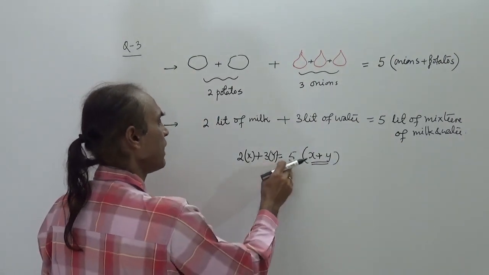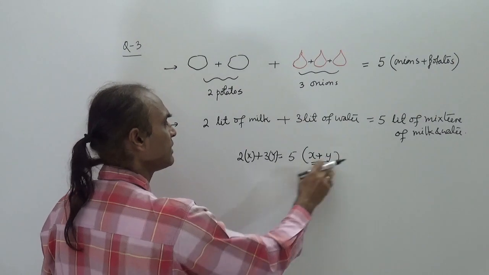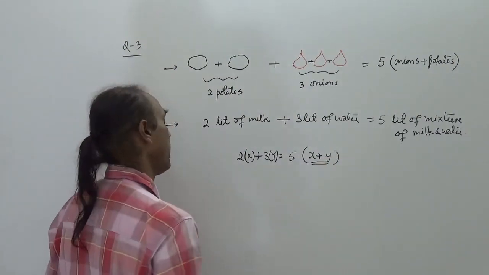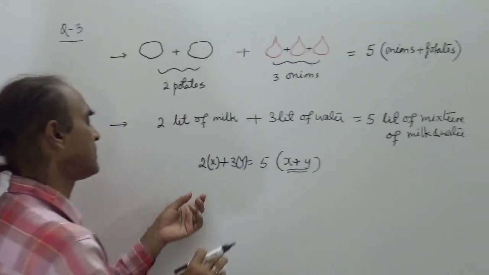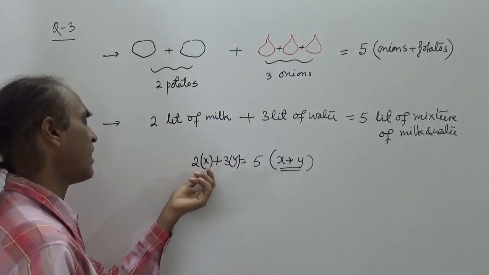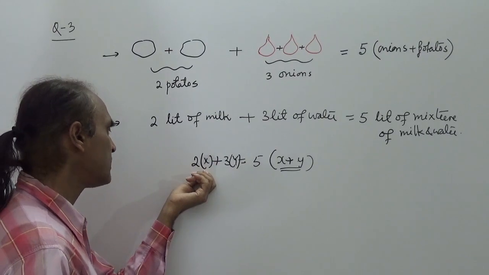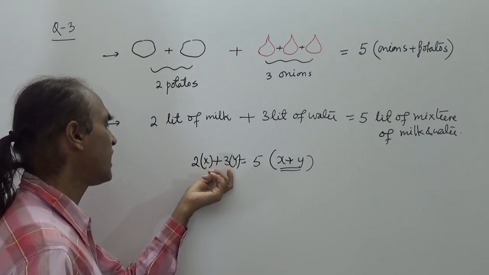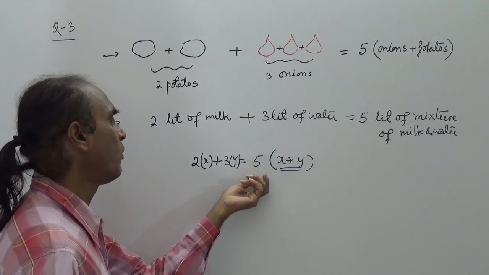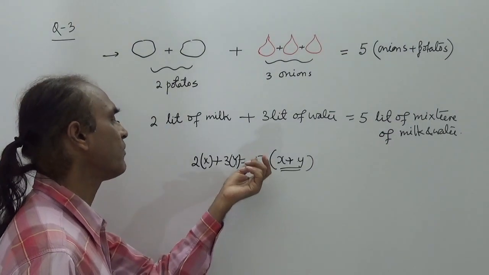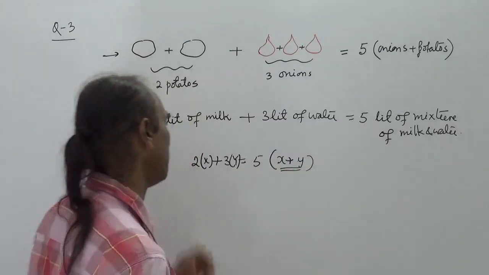But 2x plus 3y is not equal to 5 into x plus y. It doesn't make any sense in that way. It means 2 articles of x quantity plus 3 of y quantity is equal to 5 of the mixture of x and y.